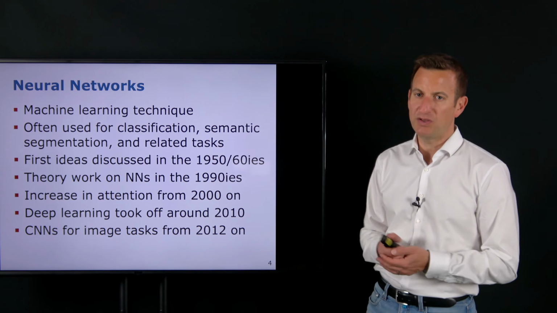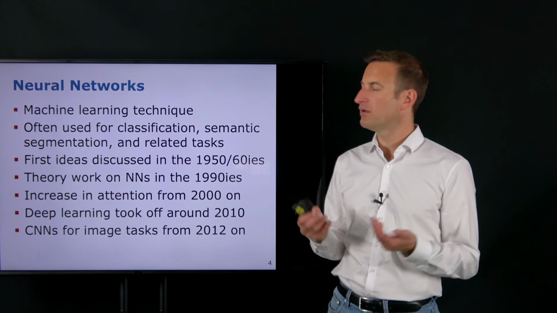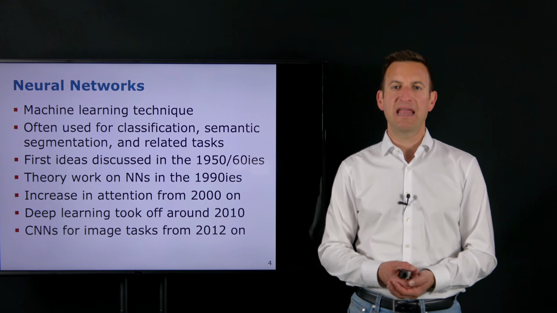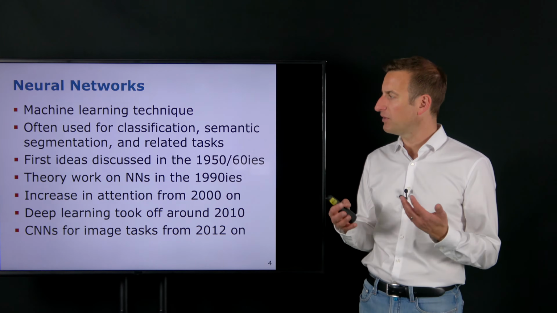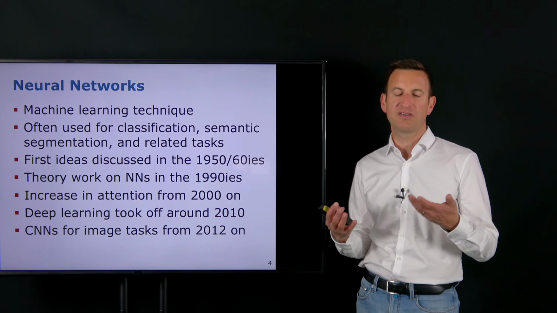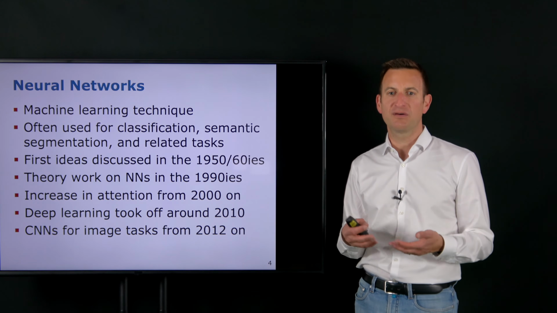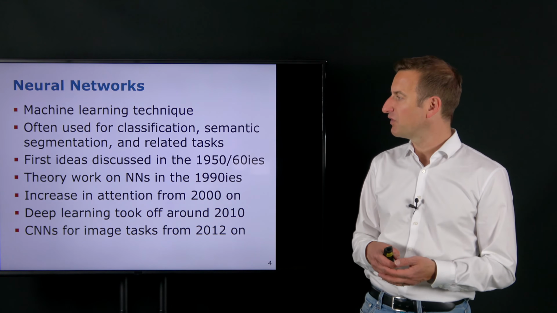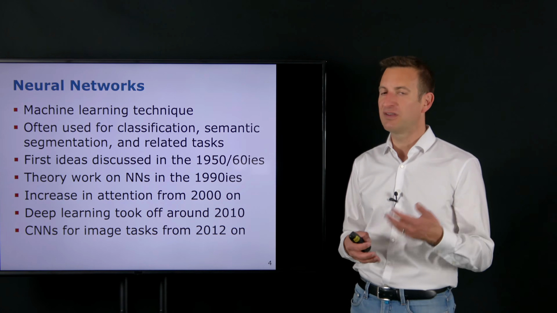And for that, we want to use neural networks, which is one of many machine learning techniques out there. It's a technique which actually has existed for quite a while, since the 50s and 60s, when the first idea of those artificial neurons came up and ideas were discussed.